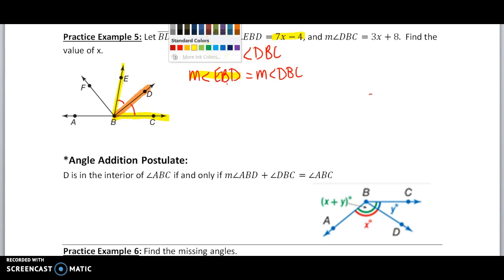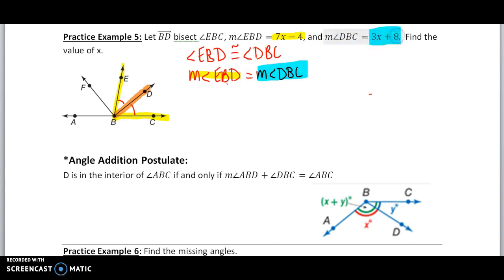And then I am going to replace the measure of angle DBC with what it is equal to, 3x plus 8. Okay, so I'm just substituting in the values that are equal to the measures of the angles I've written. So that means that 7x minus 4 is equal to 3x plus 8.